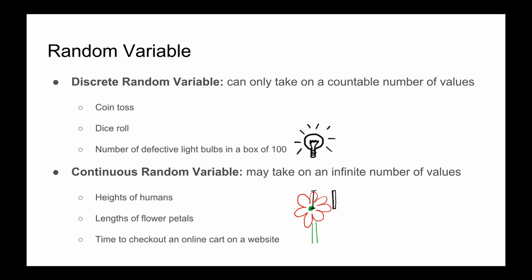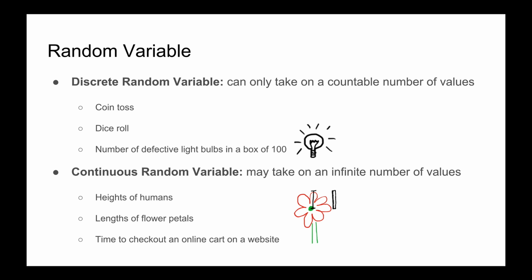So we have discrete random variables, and we also have continuous random variables, and these random variables can take on an infinite number of values within a given range. So things like the heights of humans is continuous, things like lengths of flower petals, or the time to check out on an online cart. If you're buying something from an online retailer, the time to check out is also an example of a continuous random variable.